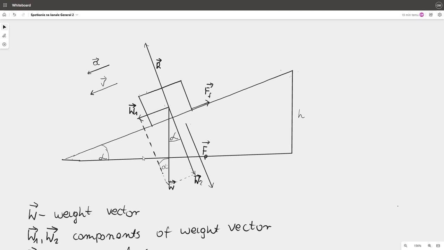Sum of angles in a triangle is 180 degrees, so this angle between inclined plane and weight is equal 90 degrees minus alpha. This angle is the same as angle between component W1 and weight.